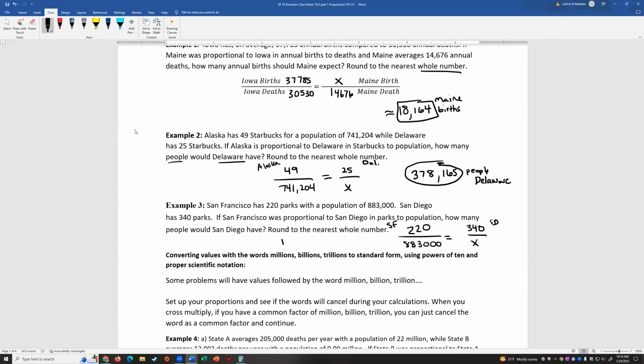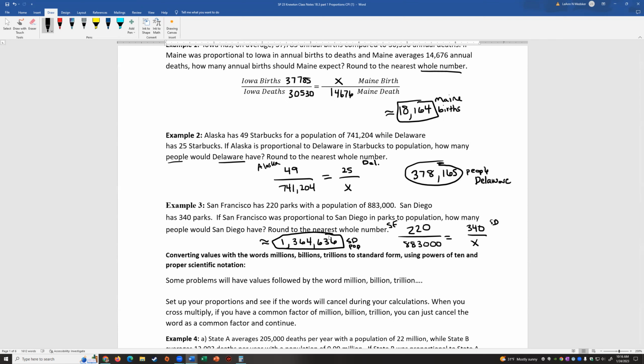So their population would be 1,364,636 if the ratio of parks to population is the same in San Diego as it is in San Francisco. So this is San Diego population. All right, and it is estimated.